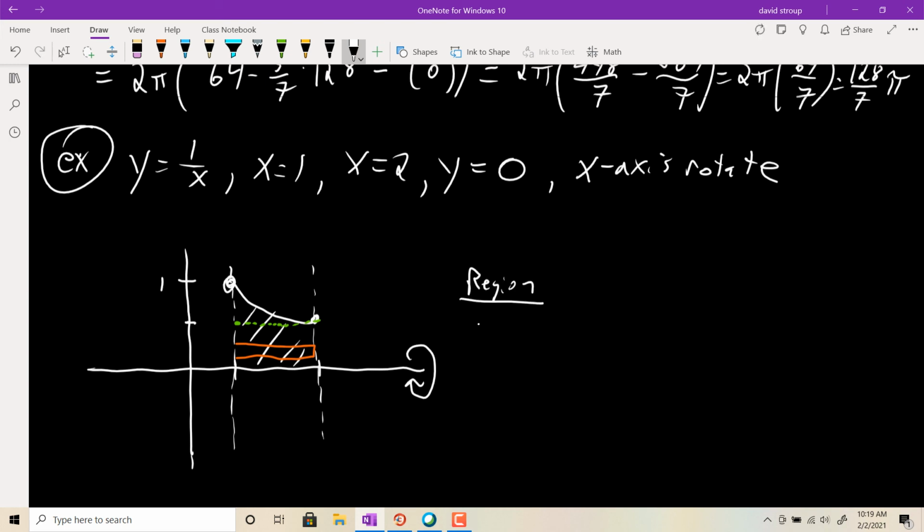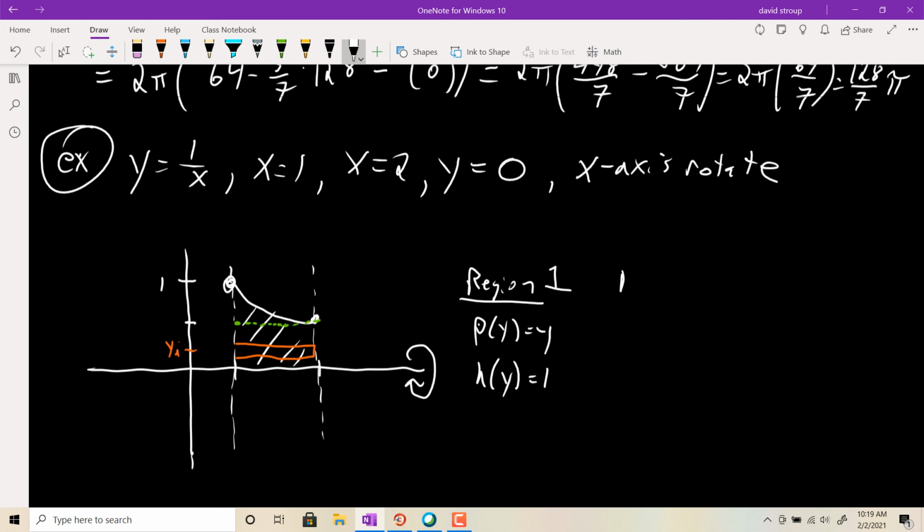So in the first region, of course, the radius is no different than before. It's just y sub i, the location of that rectangle. So the radius is no big deal. It's the height of these rectangles. So in this first region below the green line, the heights of the rectangles are constant. It's just 1.